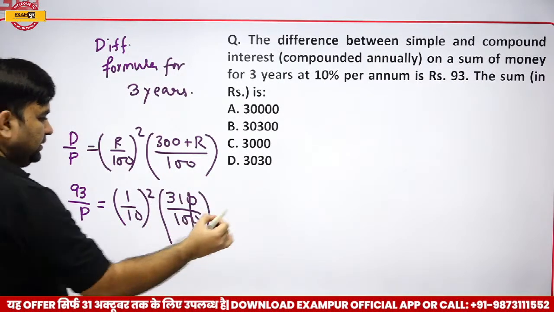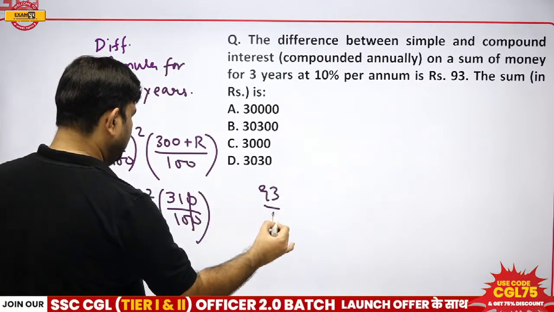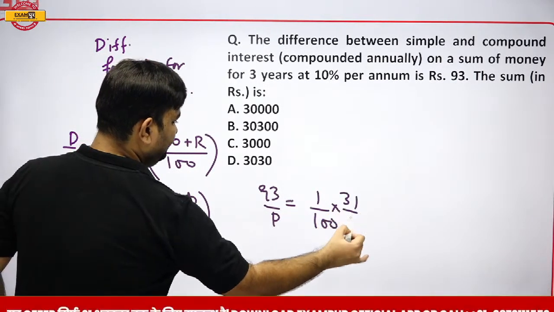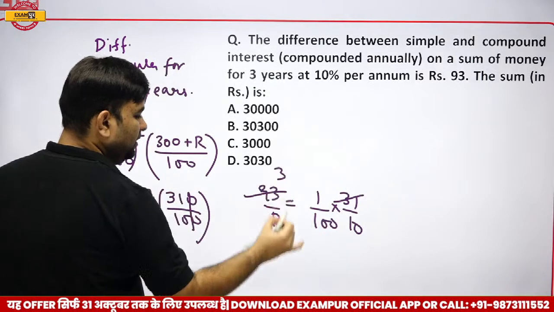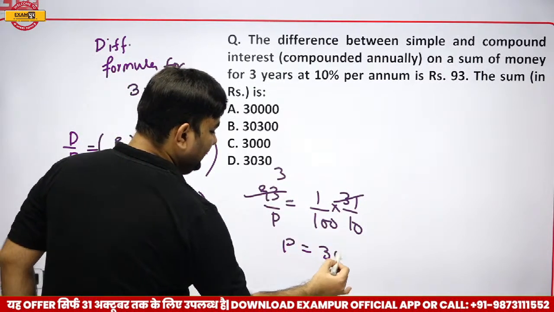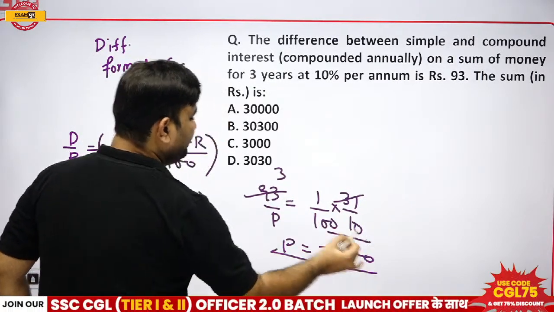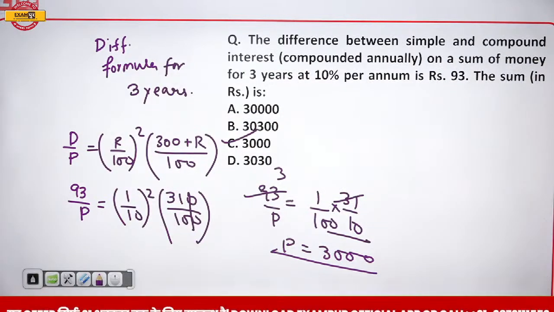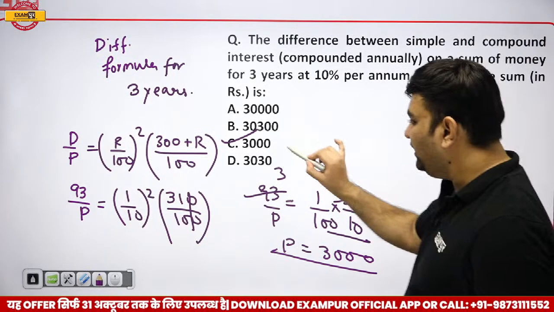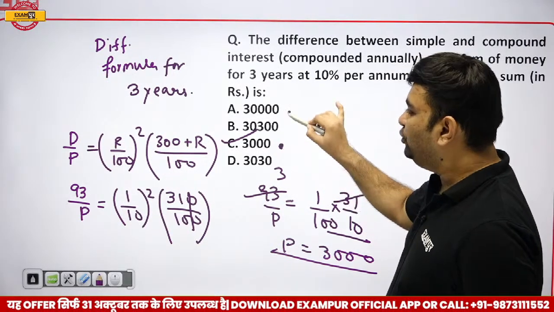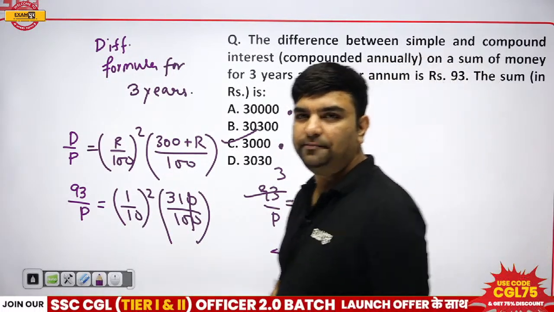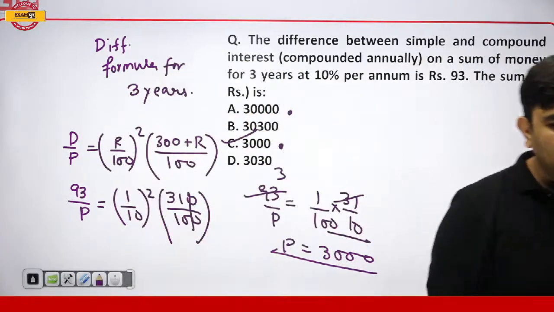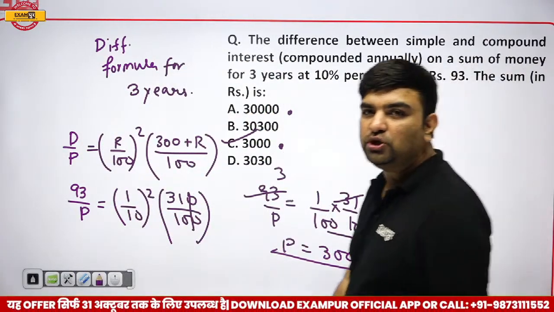So 93 over principal is equal to 1 upon 100 into 31 by 10. It's a game of zeros only. So there are 3 zeros after 3. This question is being asked only to check whether you make an error in the number of zeros or not.